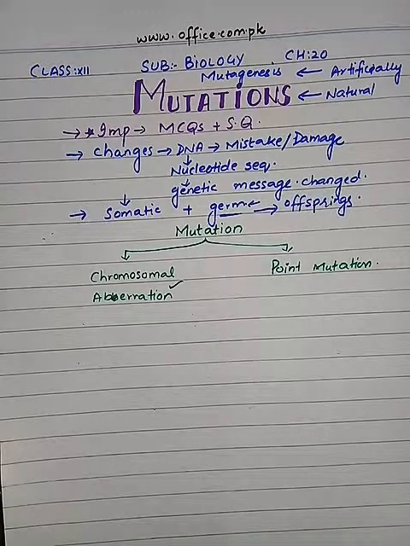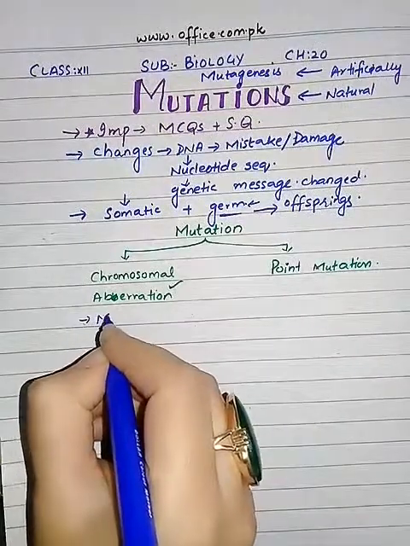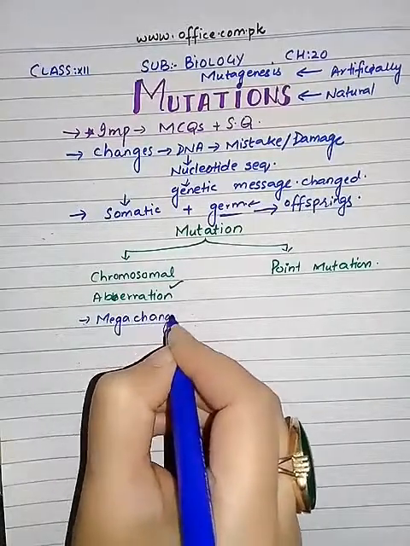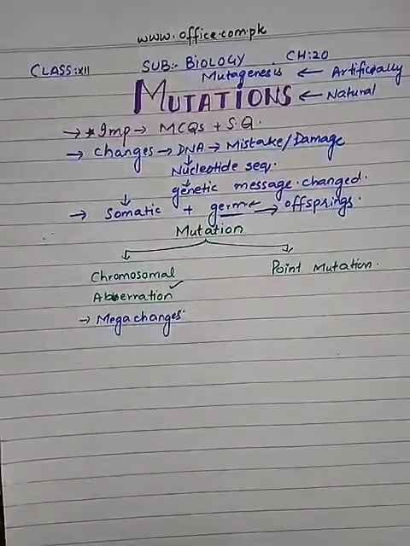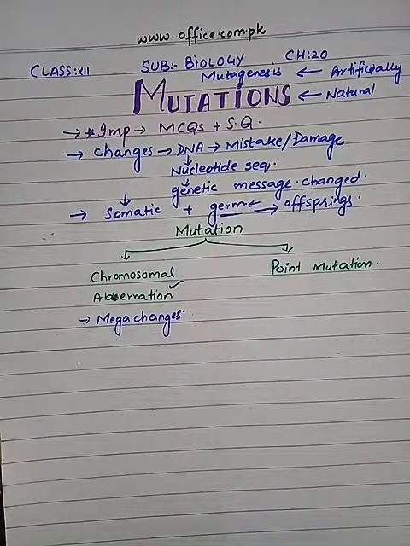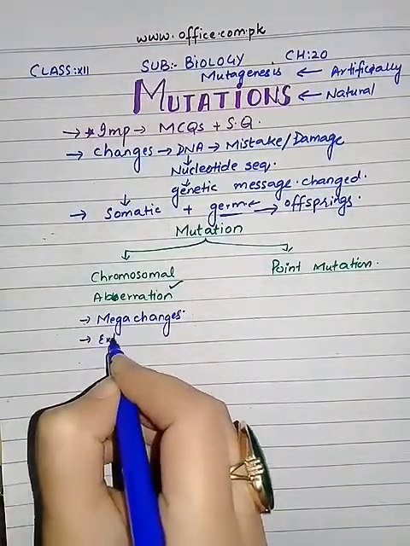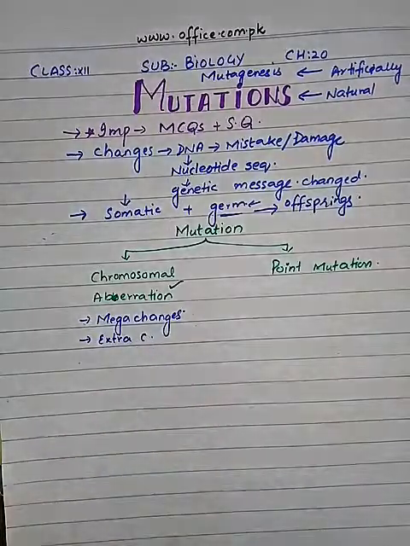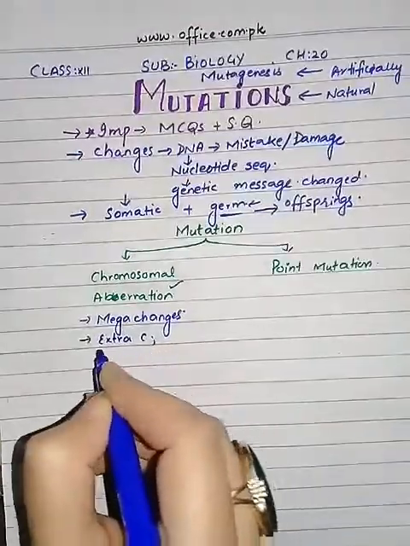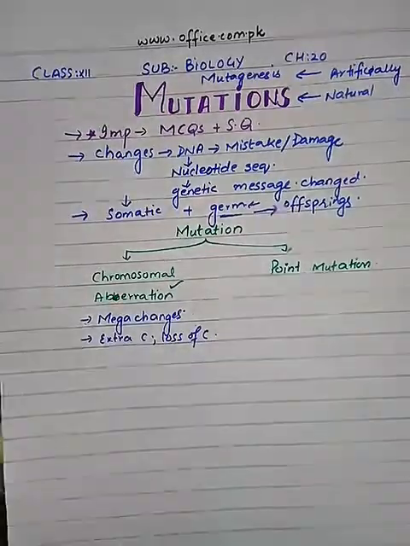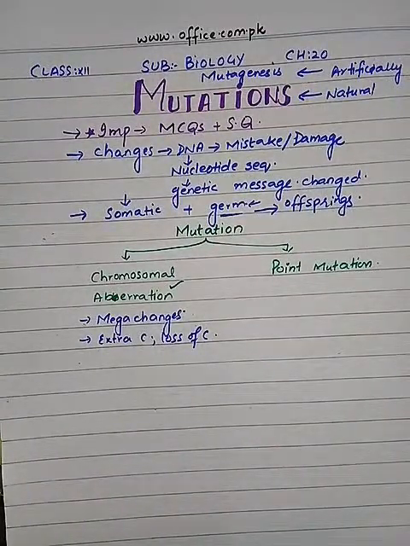Now, first of all, we will talk about chromosomal aberration. Chromosomal aberrations are mega changes, and they occur in chromosomes. They involve the presence of an extra chromosome. Sometimes there is an extra chromosome. Sometimes there is a loss of a chromosome.